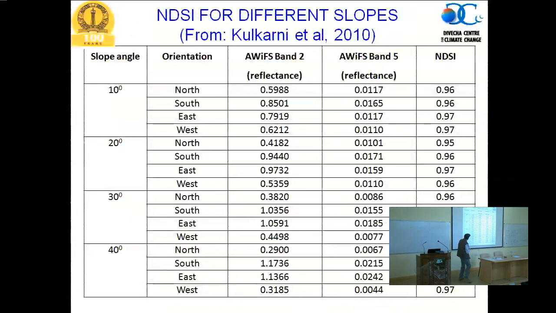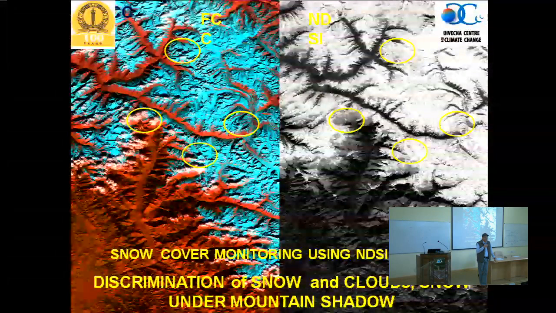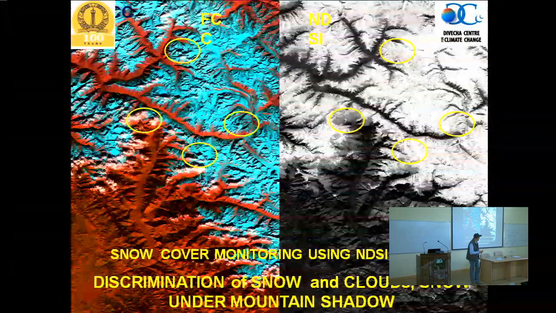Is there any shadow here? No, no shadow. Somewhere it is. But just think about it: if there is snow in mountain shadow, why does it have more than 0.4 NDSI? What it means is that you have the ability to detect snow in mountain shadow also, which otherwise, if you use any supervised classification, you will not have that ability. Correct?